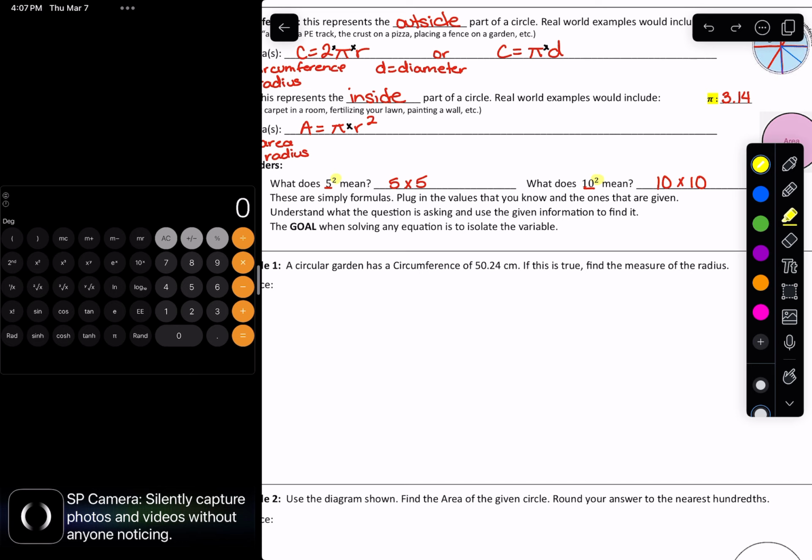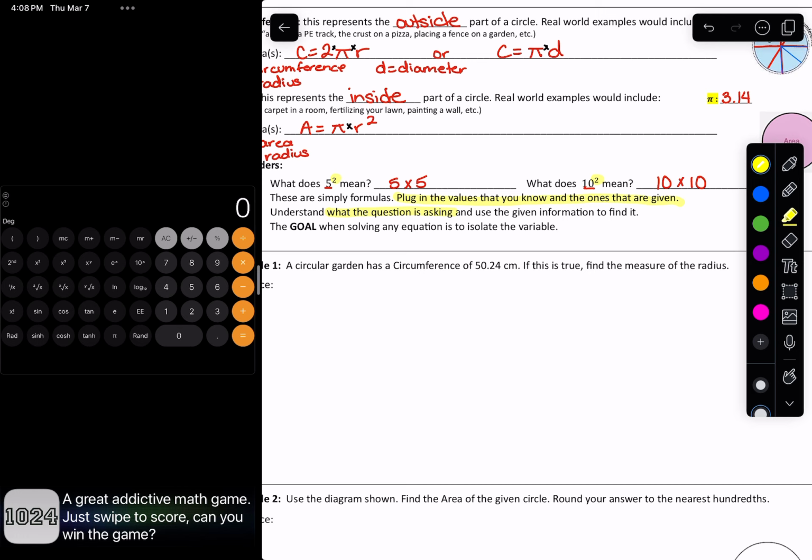So something to remember is that these are just formulas. So you're going to plug in the values you know and the ones that you are given. Okay. So you need to also understand what the question is asking. So if it's asking you for the radius, you're finding the radius. If it's asking you for the area, you're finding the area. If they're asking for the circumference, you're looking for the circumference.